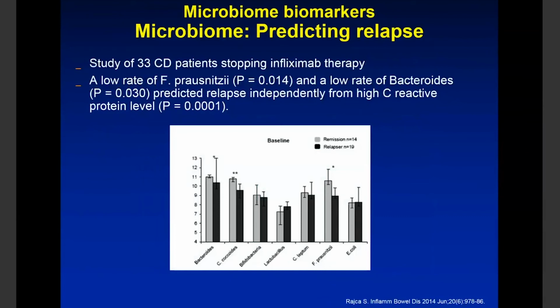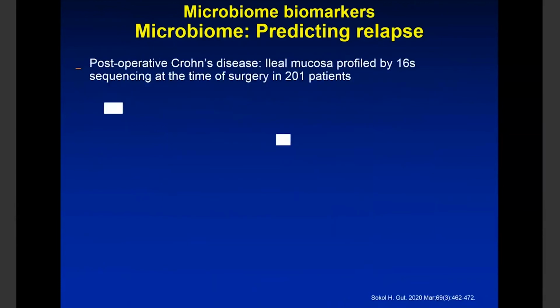A similar observation was noted in this study where they took patients who were in endoscopic remission on infliximab therapy and stopped treatment, and they showed similarly that a depletion of Faecalibacterium prausnitzii and a lower rate of bacterial richness predicted relapse independent of inflammatory status at the time of therapy cessation.